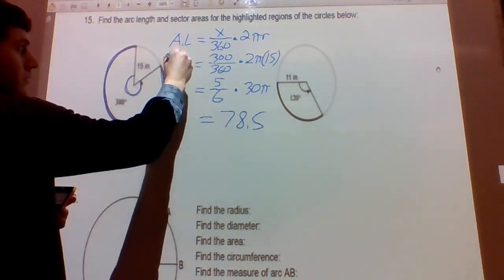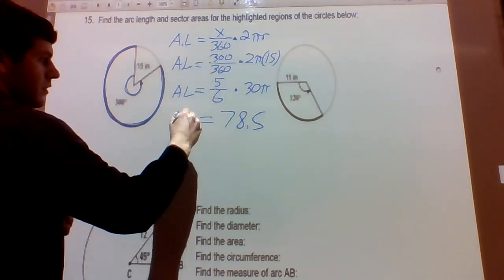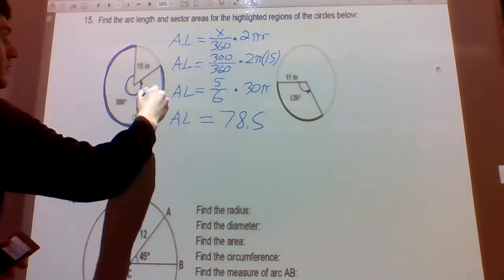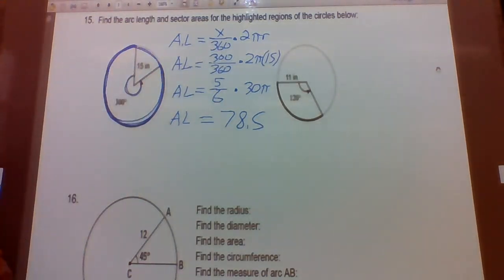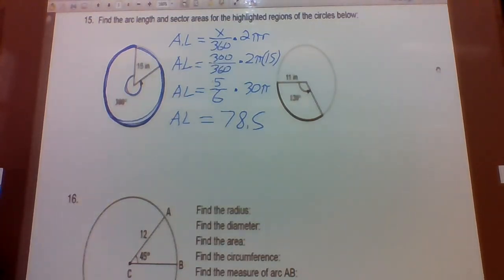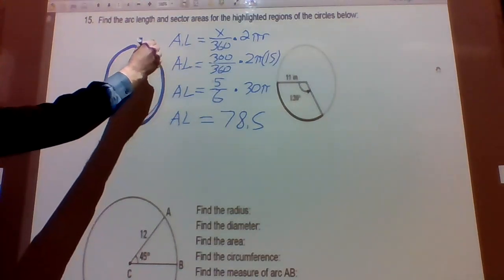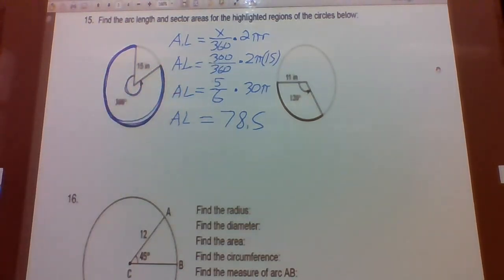So our arc length here is 78.5. The whole thing around is 30 pi, which is about 93-ish, maybe 94. But we don't want the whole thing. We only want 5/6 of it, so we multiply by 5/6, and that's 78.5.